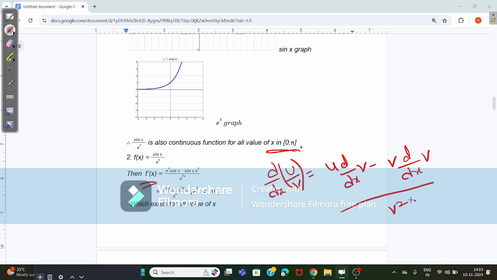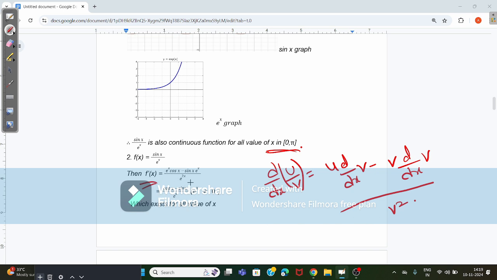Applying it here, e power x times cos x minus sin x into the differentiation of e power x, by e power 2x.